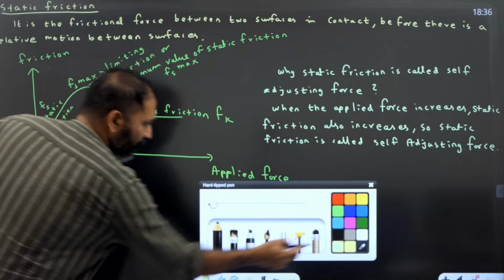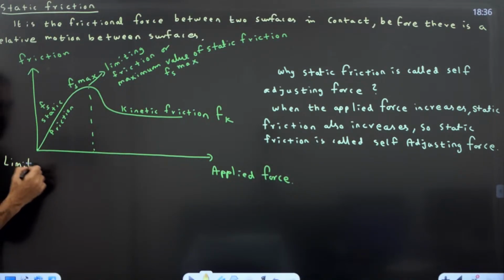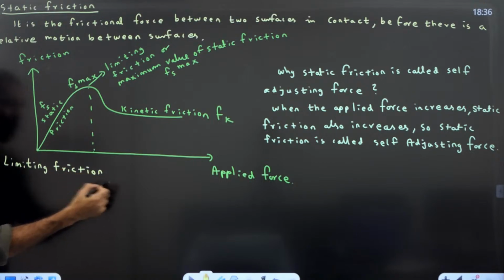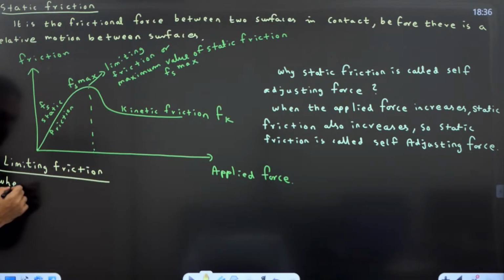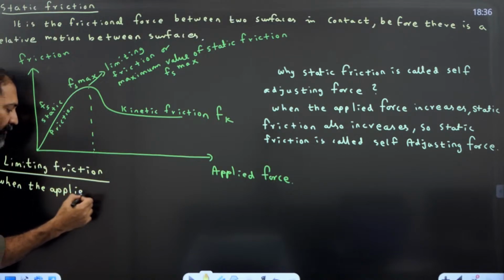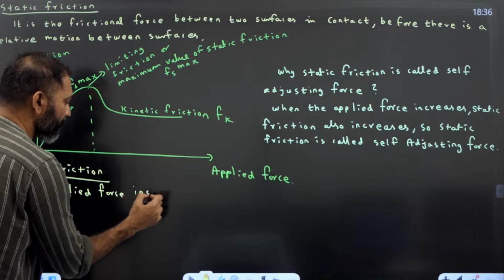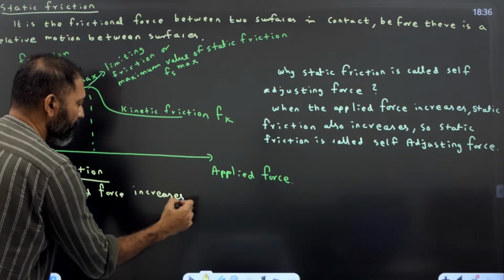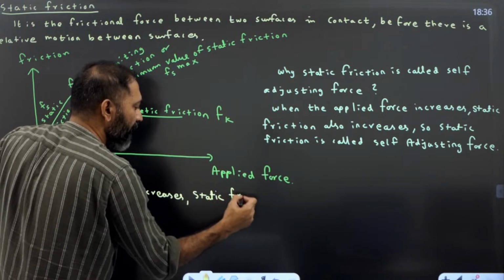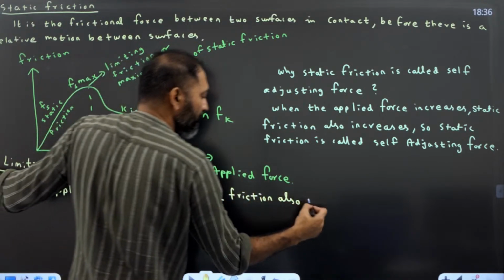Now you can explain what limiting friction is. When the applied force increases, static friction also increases.